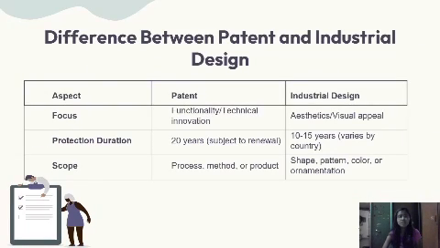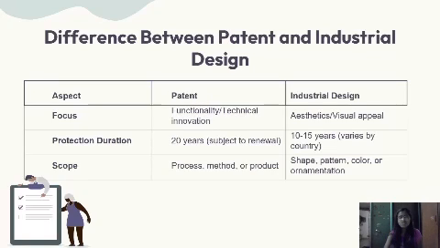Here is the difference between patent and industrial design. When we see the aspects, the focus of a patent will be on functionality or technical innovation. However, industrial design will focus only on the visual appeal or the aesthetics. The protection duration for a patent will be 20 years, subject to renewal.